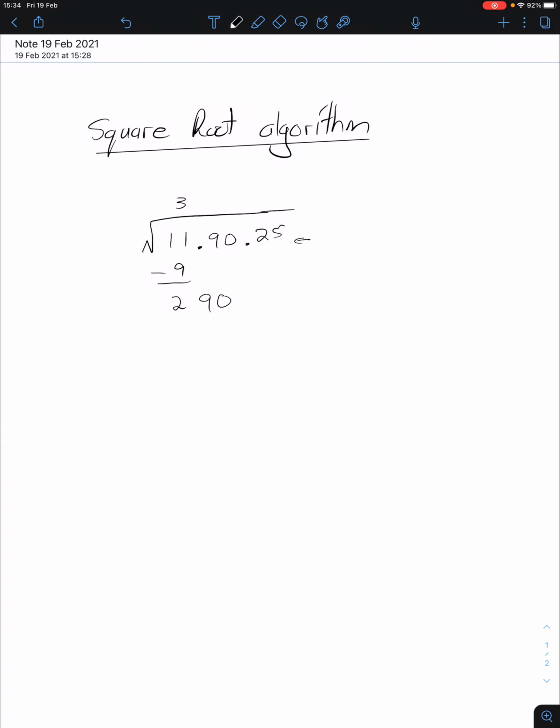Then you take the number on top, and you double it. So that will be 6 something. So what you want now is 6 something times that single digit that is less or equal than 290.